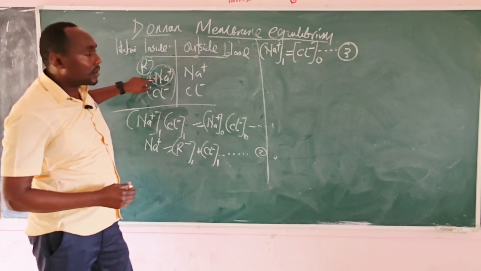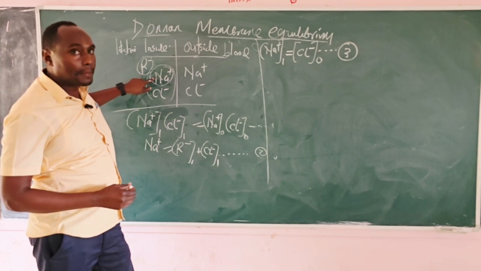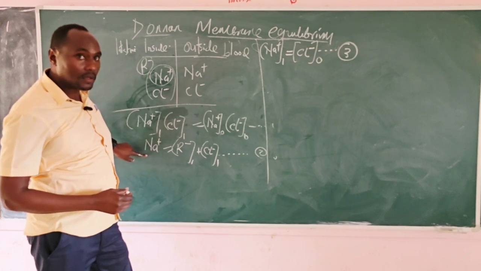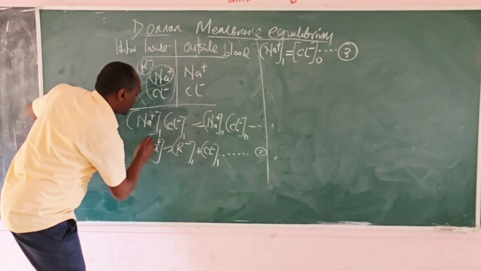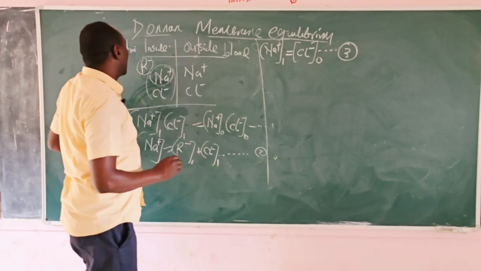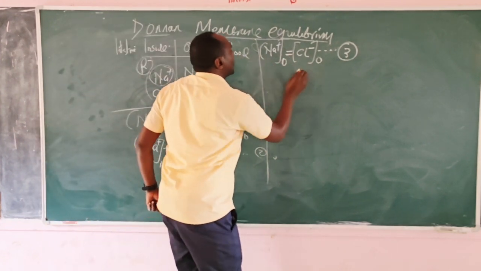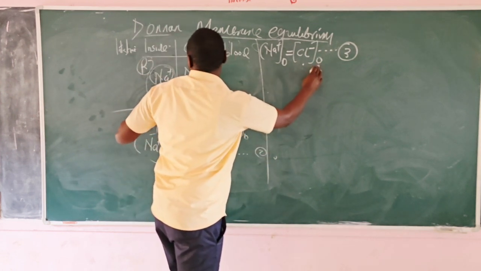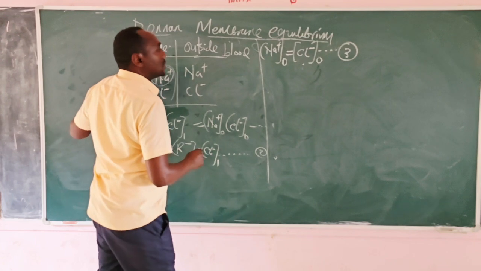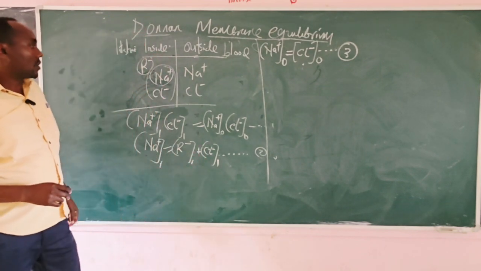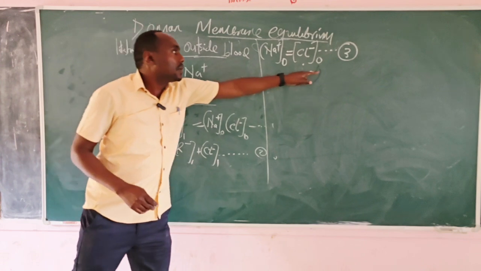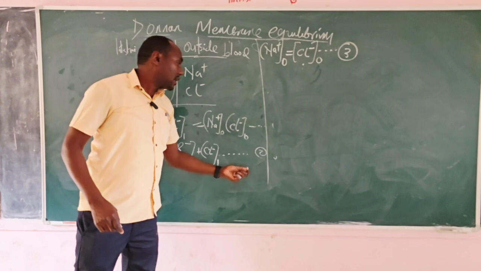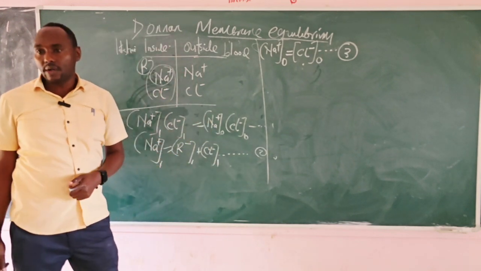Electrically, sodium inside is equal to R minus plus chloride. Correct. Then sodium outside is equal to chloride outside. This one now is equation 3. So we are going to substitute equations 2 and 3 into equation 1.